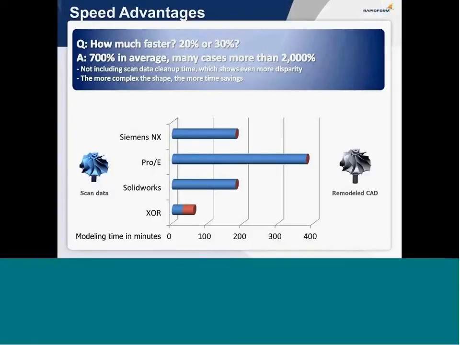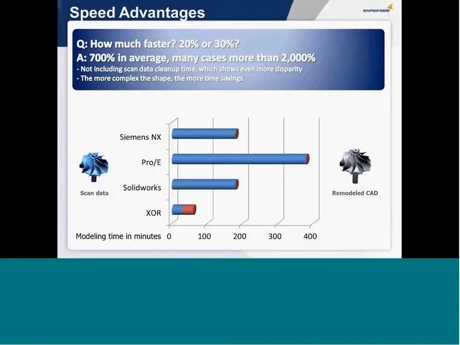In Siemens NX or in SolidWorks, which use the same kernel, the Parasolid kernel, we need probably 2 or 3 hours. And in Pro-E, we need even more time. This is because different kernels interpret different functions a little bit differently, and you have to spend more time to get a solid model complete.